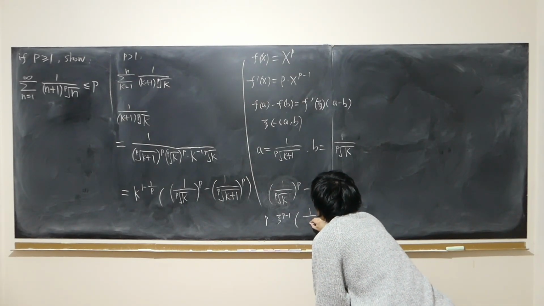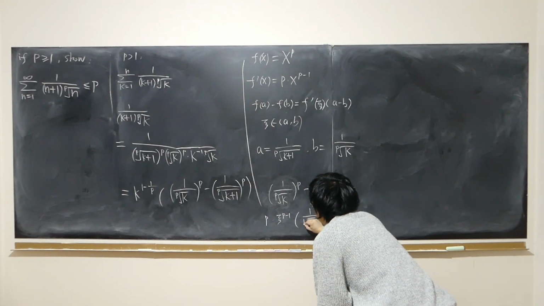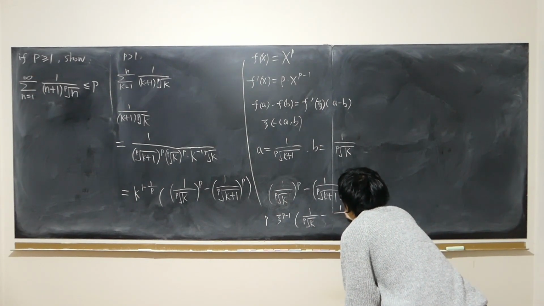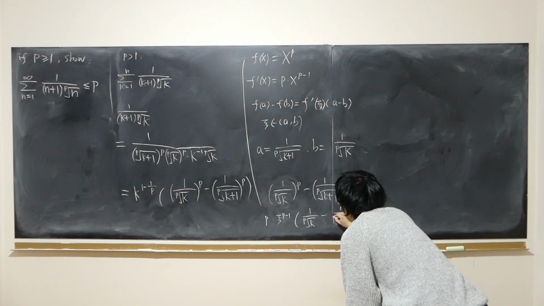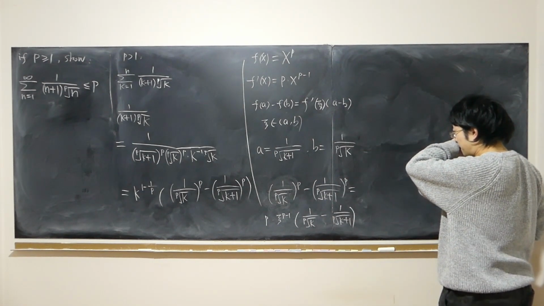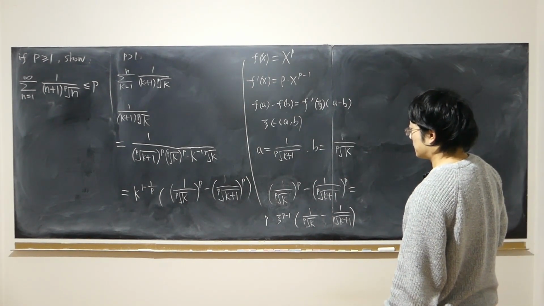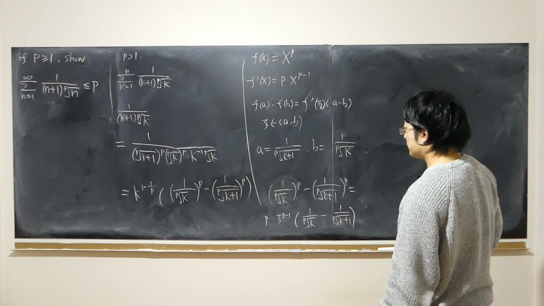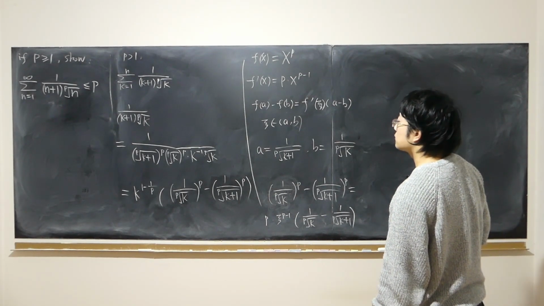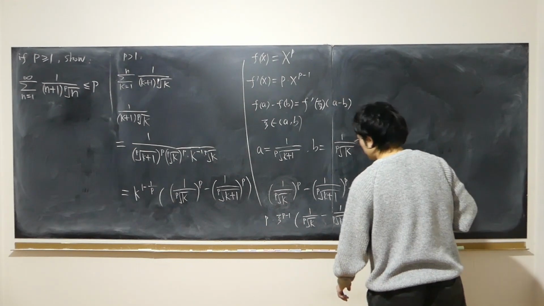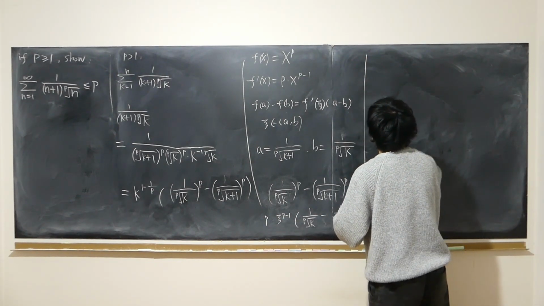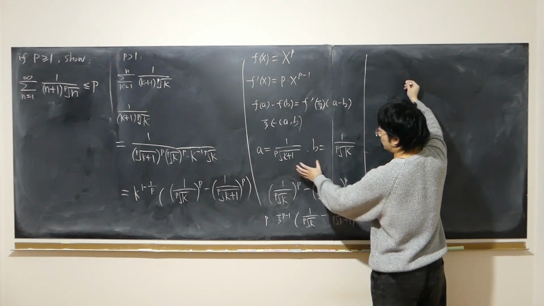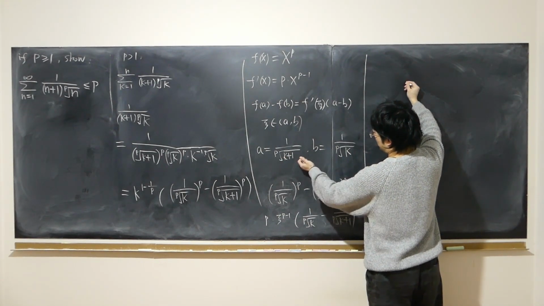Right? 1 over the pth root of k minus 1 over the pth root of k plus 1. Right? So therefore, where is c? c is in this open interval (a, b), right?